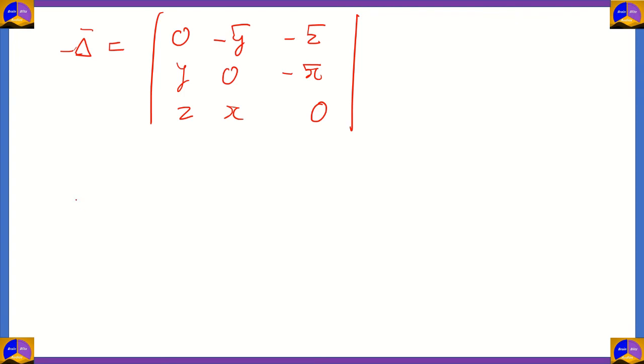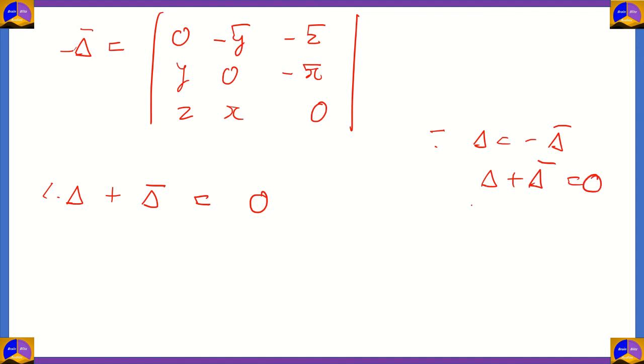Then you can write the value of delta by adding those two values. So delta plus delta dash can be written down as equal to 0, since delta is given as minus delta dash. So since delta equals minus delta dash, delta plus delta dash equals 0. And when you do that, 2 times the real value of delta equals 0.